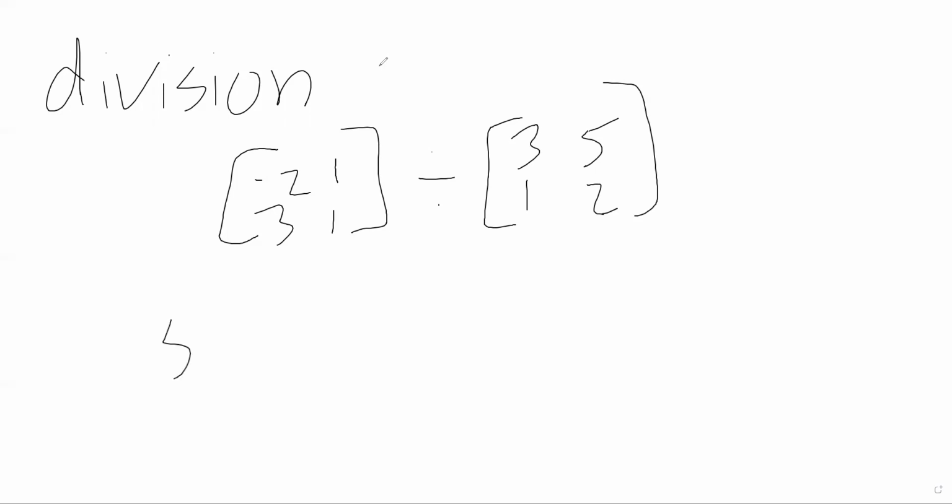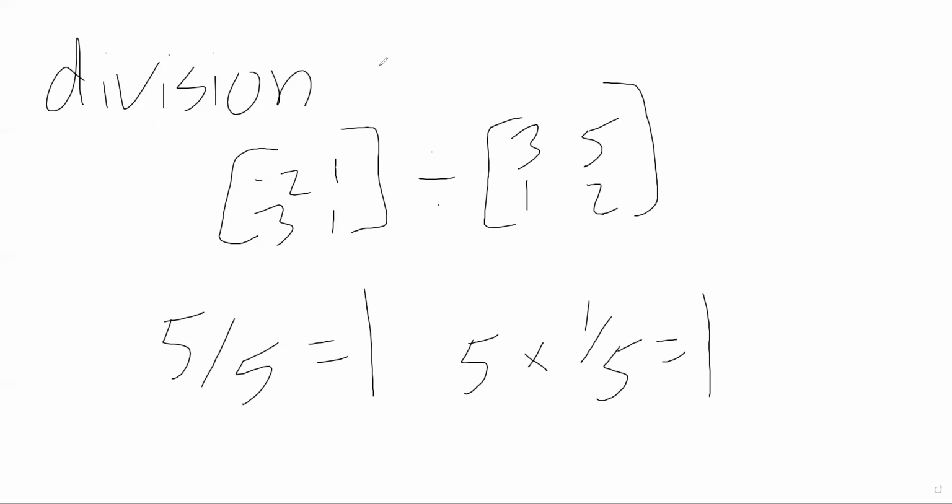Whenever you were given something like this, let's say it's 5 divided by 5 equals 1. That could be rewritten. Remember, keep, change, flip. So it's 5 times 1/5 equals 1. And all you're doing when you're flipping this 5 is you're multiplying. Remember, we changed the division sign to multiplication by its inverse. So multiplying by an inverse is the same as dividing by the original number.